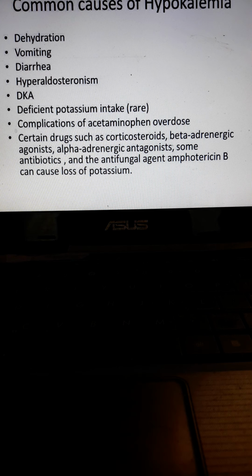Certain drugs like corticosteroids, beta adrenergic agonists, beta blockers or beta adrenergic antagonists, and some antibiotics and antifungal agents will also cause the shifting of the potassium ion out of the cell.